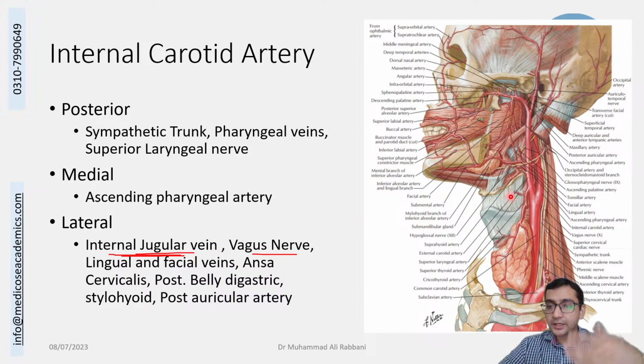On the medial aspect, on the inner aspect, the ascending pharyngeal artery is there. On the lateral aspect, majorly the branches of the external carotid are coming in front of it. Like you can see the hypoglossal nerve, this hypoglossal nerve is passing on the lateral aspect of the internal carotid artery, and the ansa cervicalis.